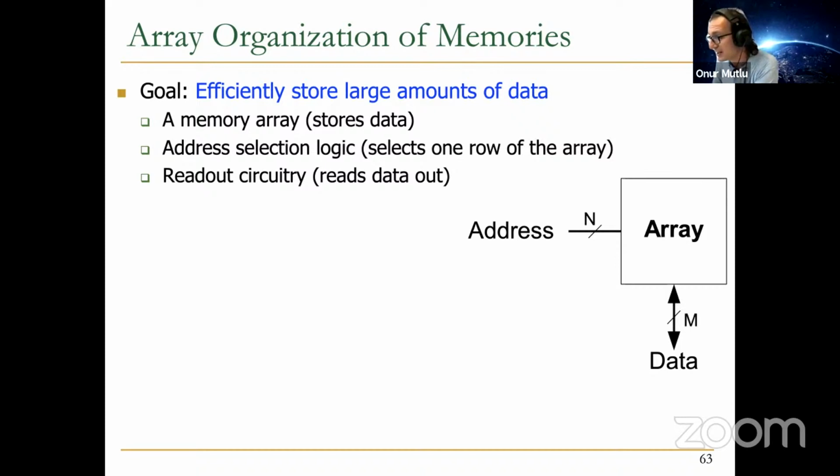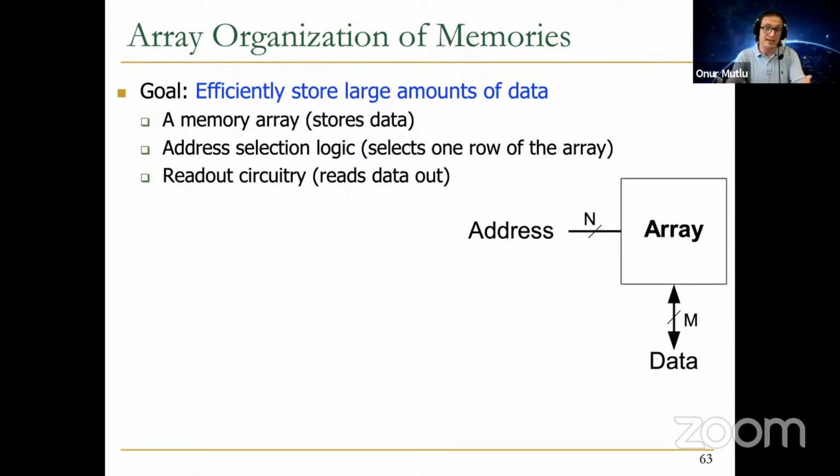We have a memory array, a two-dimensional array of cells that store data. We have address selection logic, which selects one row of the array. Basically, you first give the row address, and then you also give a column address to get the data out if you are supposed to select from a column.